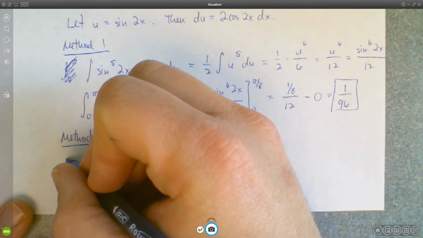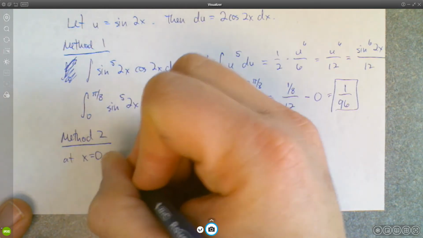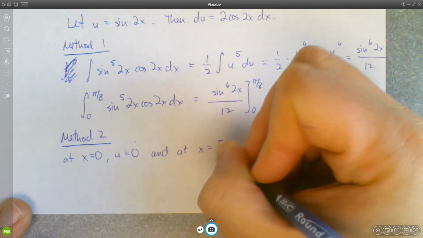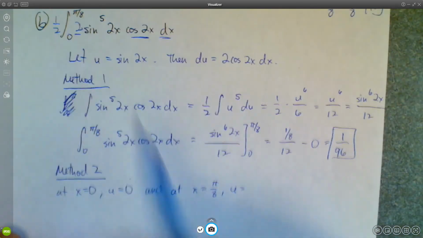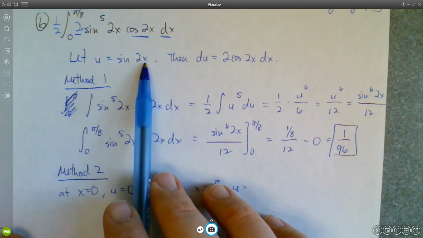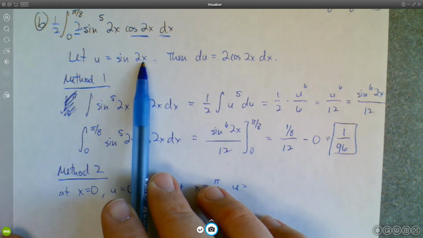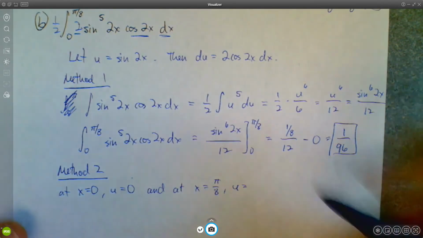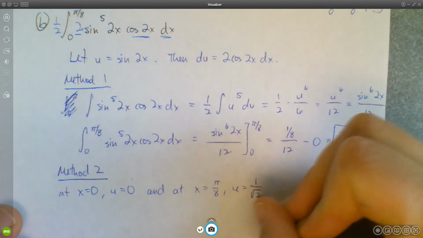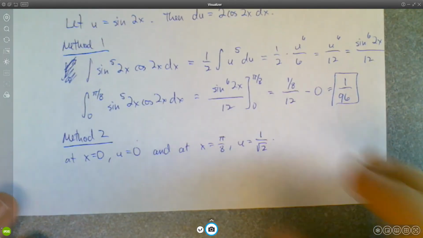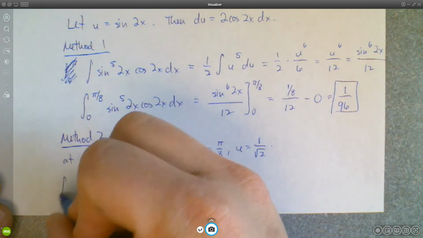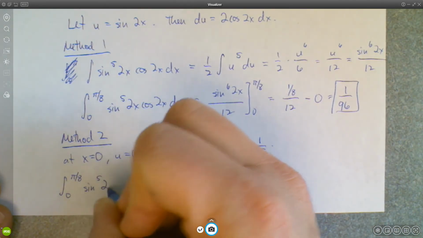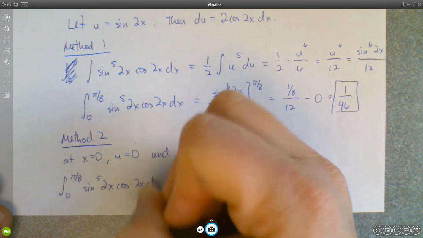So at x equals 0, u equals 0, and at x equals pi over 8, u equals 2 times pi over 8 is pi over 4, and sine of pi over 4 is root 2 over 2, or I could call it 1 over root 2 if I like. So I am going to call it 1 over root 2. Right? Okay.